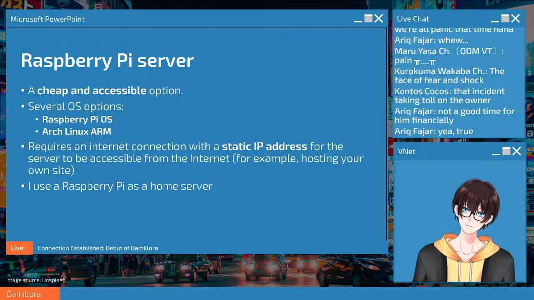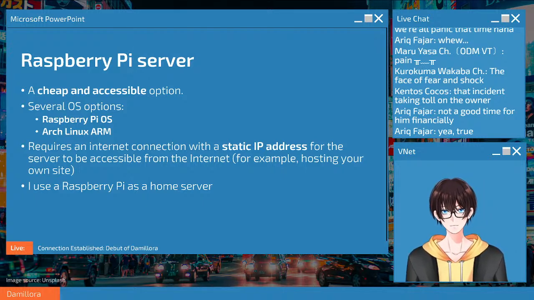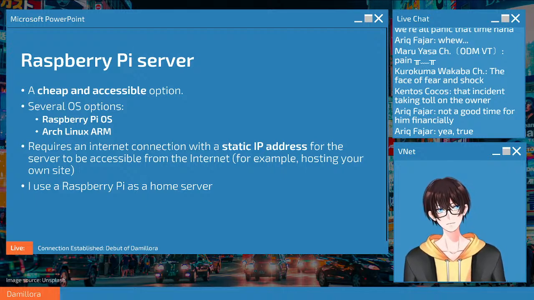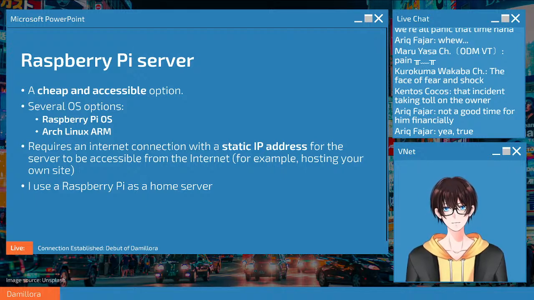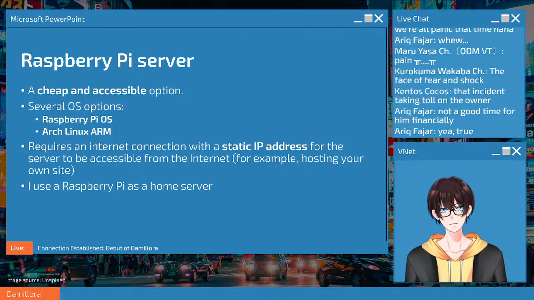Okay, this is the first option, to run a Raspberry Pi. There are several operating system options for a Raspberry Pi itself. For starters, I would recommend using Raspberry Pi OS, which is the official OS of the Raspberry Pi.